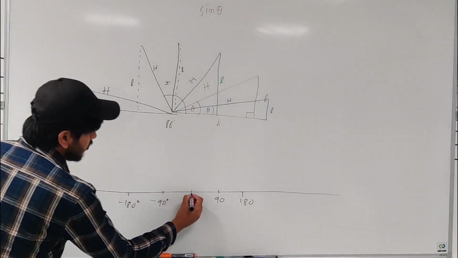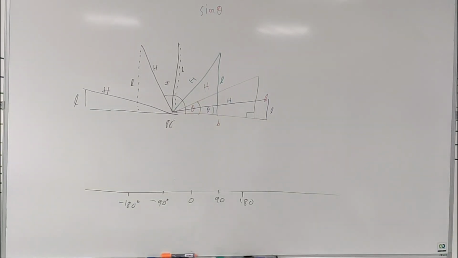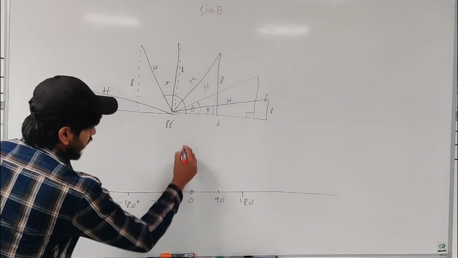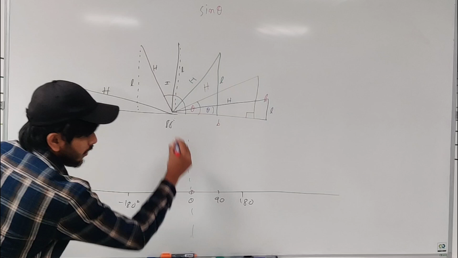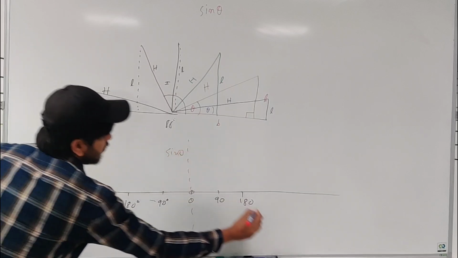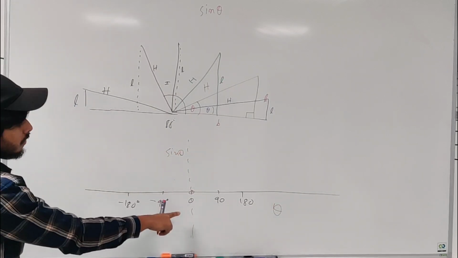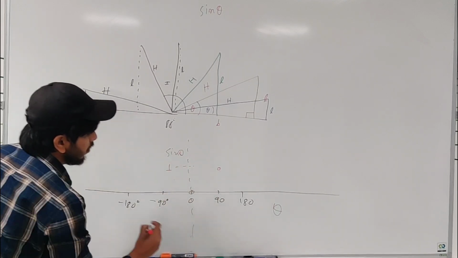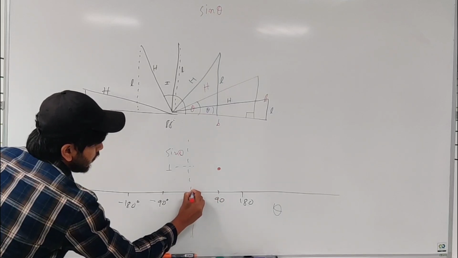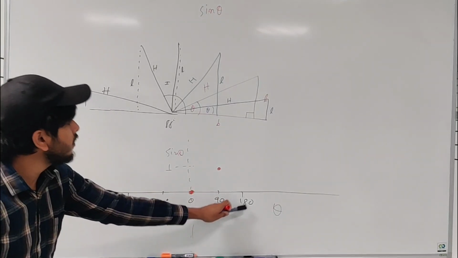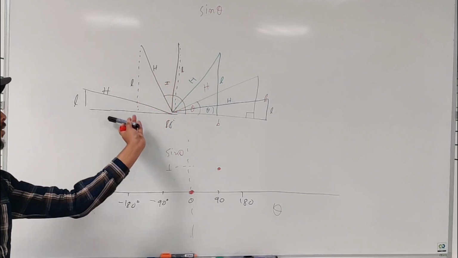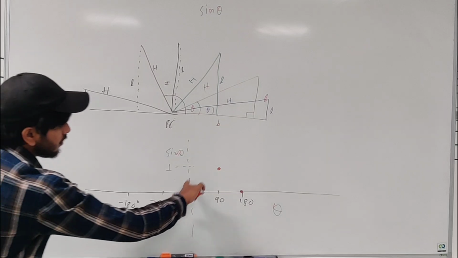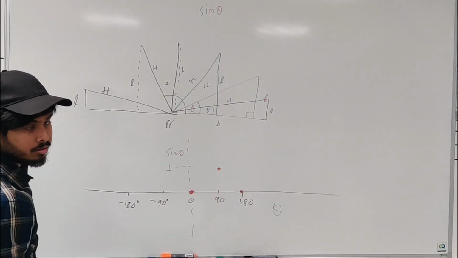We know that at 0, sine theta is 0. This is the y-axis, this is sine theta, this is theta. When theta is 90, sine theta is 1. Let's say this value is 1. So these are the points. When theta is 180, that is, we make a half revolution, sine theta is again 0. So you see, it first increases up to 90, then after that it reduces again.